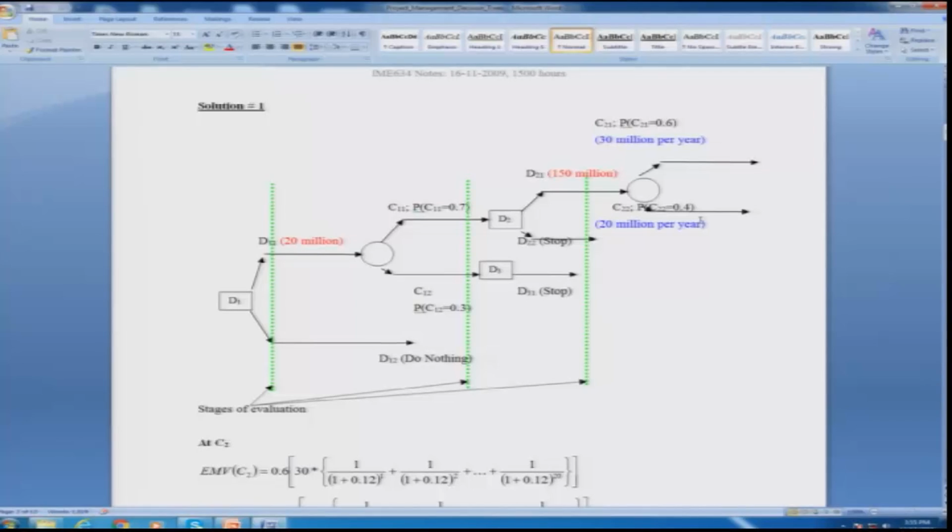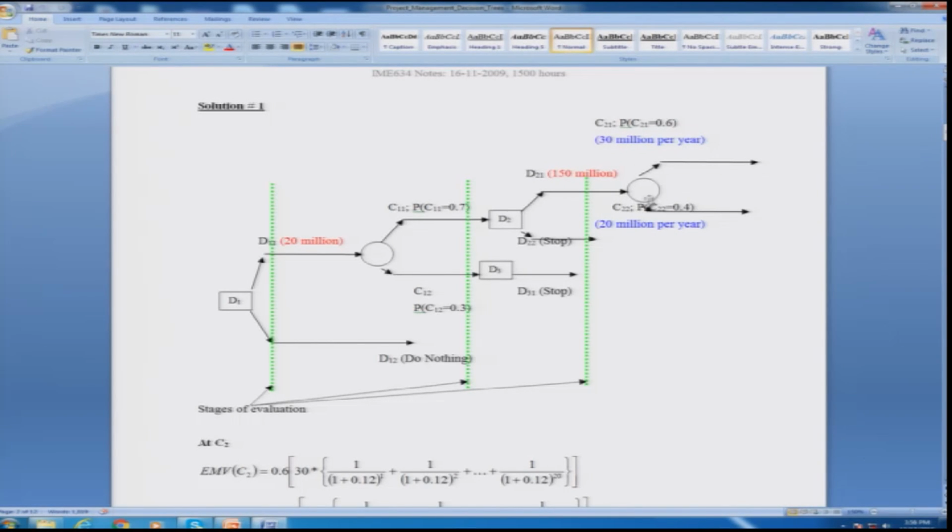In case the demand was on the lower side, with a probability of 0.4, that means there are 2 arms, then the value would be 20 million per year for again the same duration. This 20 years being the same for both of them need not be so, it can be different time frames.